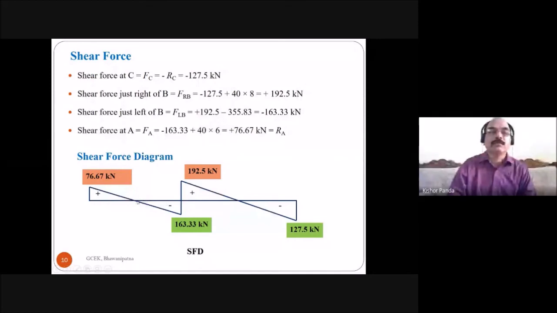Then 76.67 divided by x is equal to 163.33 divided by 6 minus x. After simplification, we'll find the position of the zero shear force, and at that position you will find the maximum bending moment. By putting this x value, you will find the maximum positive moment.